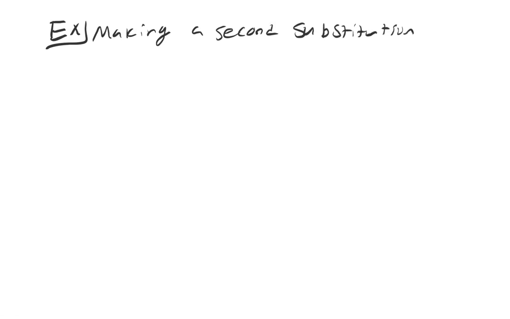All right, so this example, we have the integral of the square root of 1 plus x squared, x to the 5th dx. So again, this isn't something that we just have in a table. We have to use a u substitution in this case.